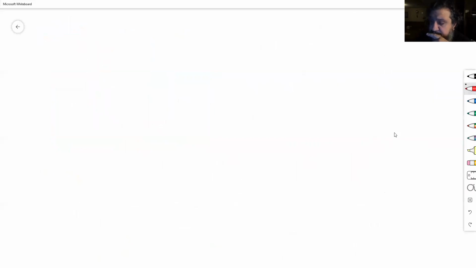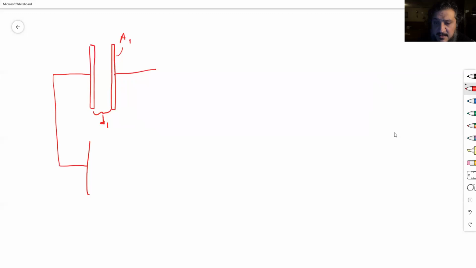Let's say this is your first capacitor with some surface area A1 and separation D1. And you take another one and connect that capacitor like this.